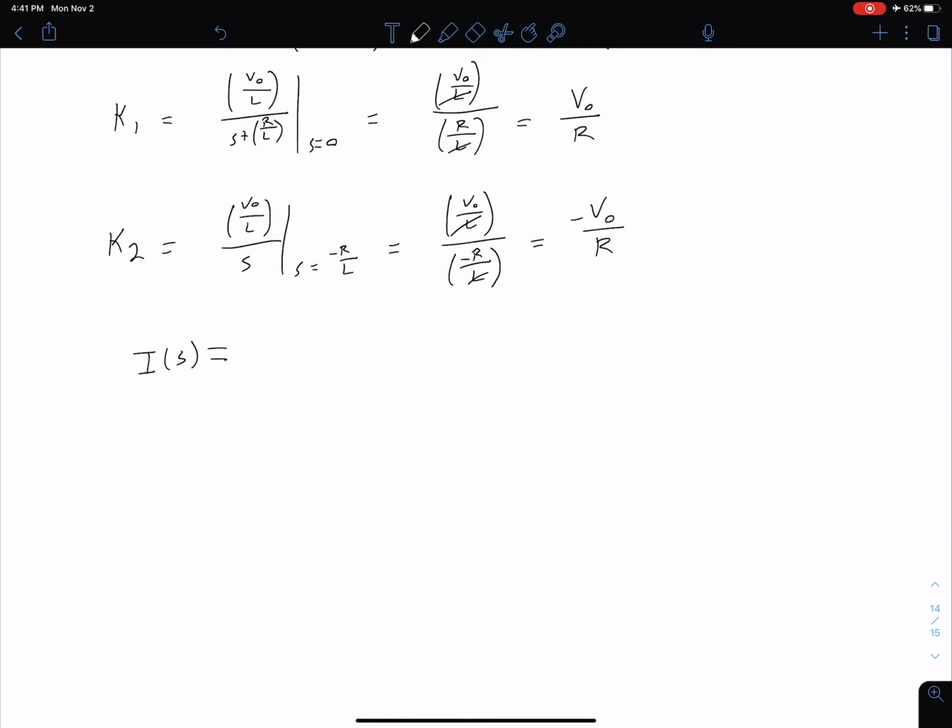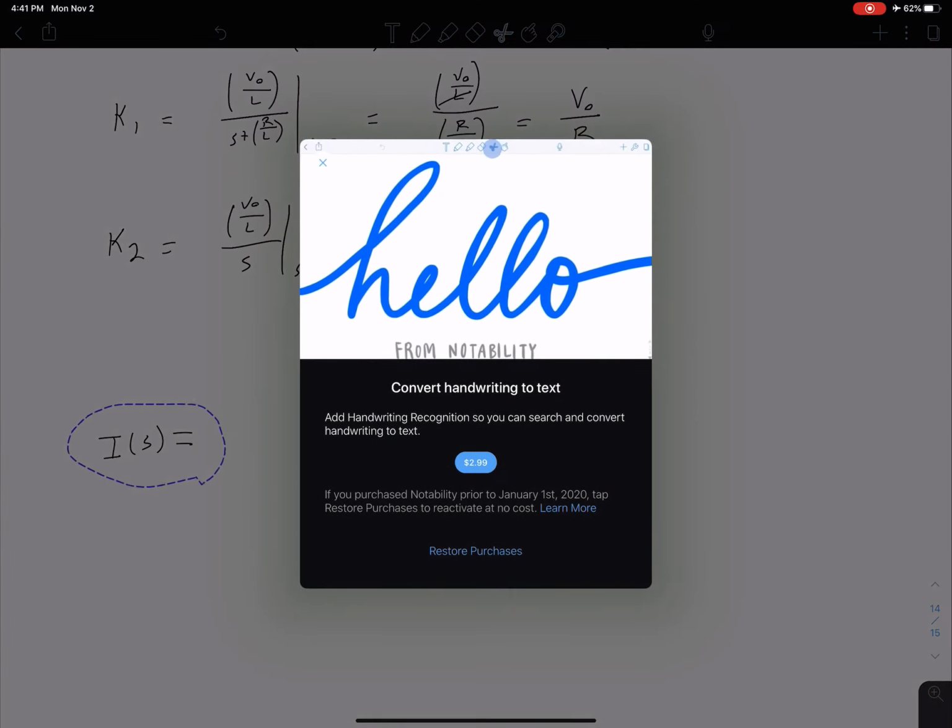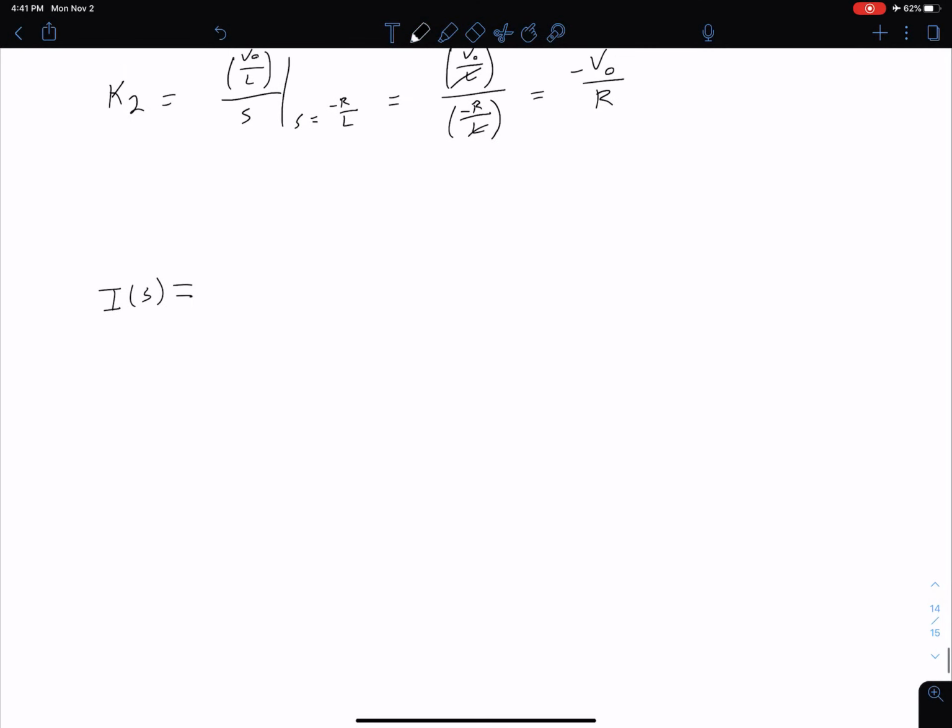So we have our I(s) is equal to V naught over R divided by S, plus a negative V naught over R divided by S plus R over L, plus our I naught divided by S plus R over L.